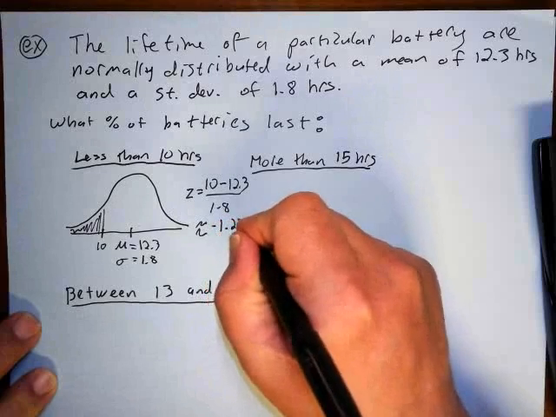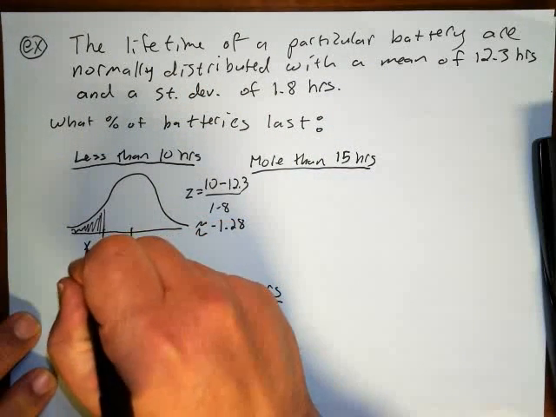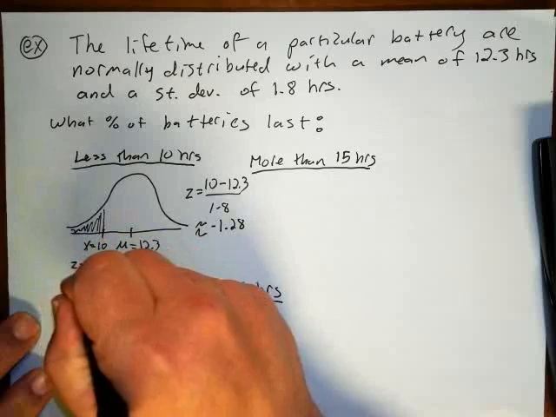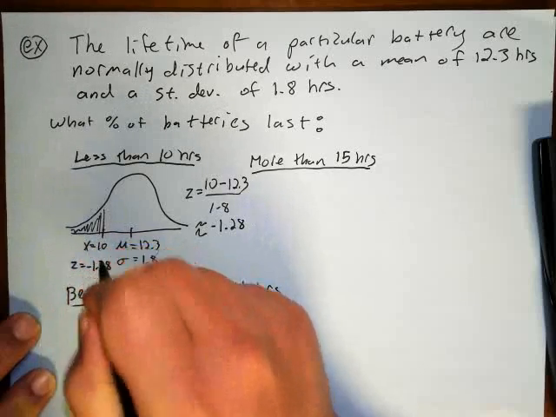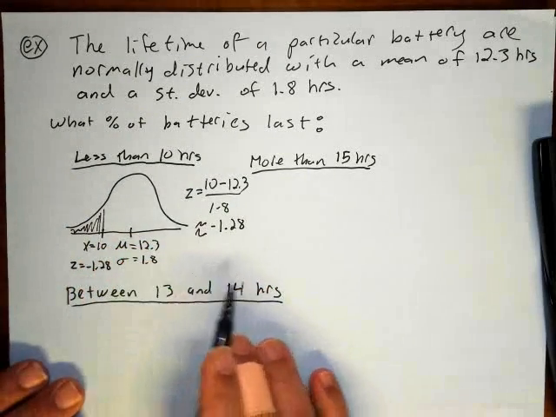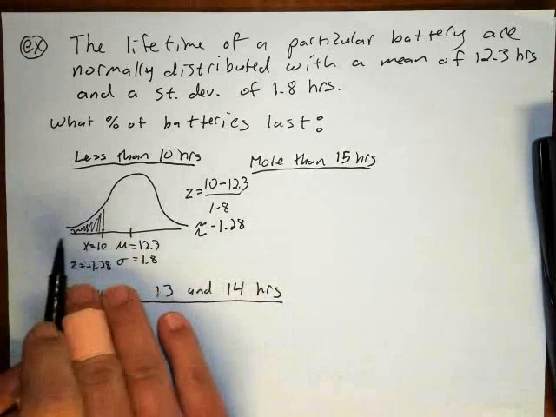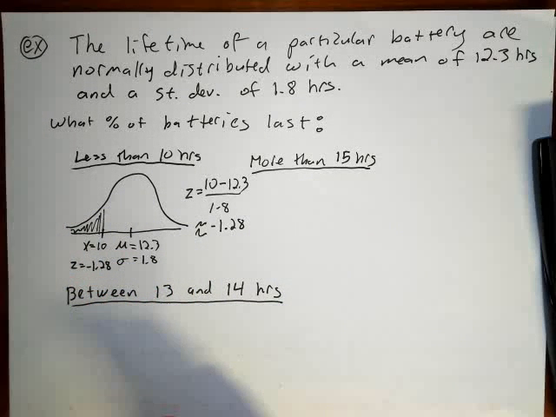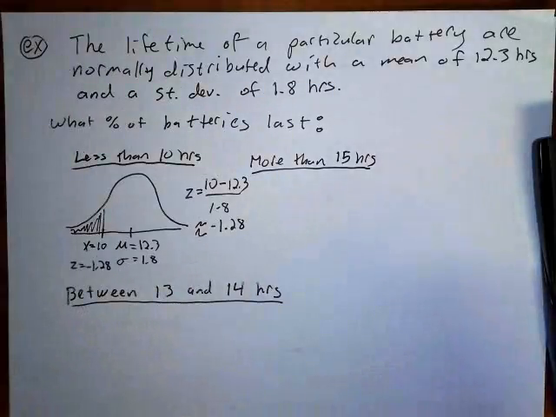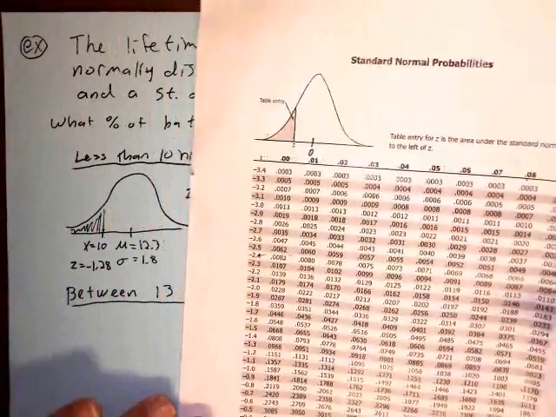So the z-score is negative 1.28. Now if you think back to those three cases, this is the first case, the simplest one, where all you've got to do is look it up on the table, and the area on the table is the percentage that you want in decimal form.